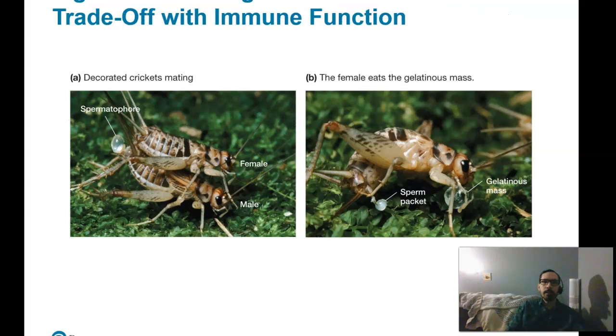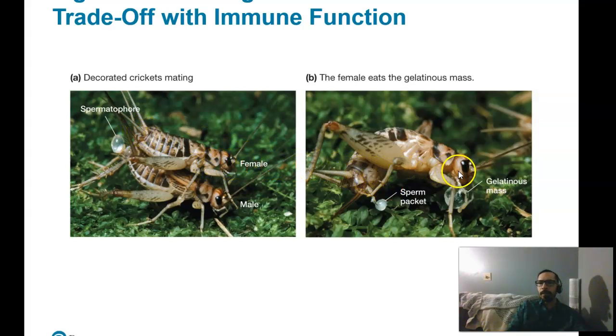So if we look at these animals, for example, the decorated crickets, when they mate, the male cricket will produce a reproductive structure called the spermatophore. So this contains the sperm packet and also a gelatinous mass. So when they're mating, it'll deposit that spermatophore on the female genital opening.